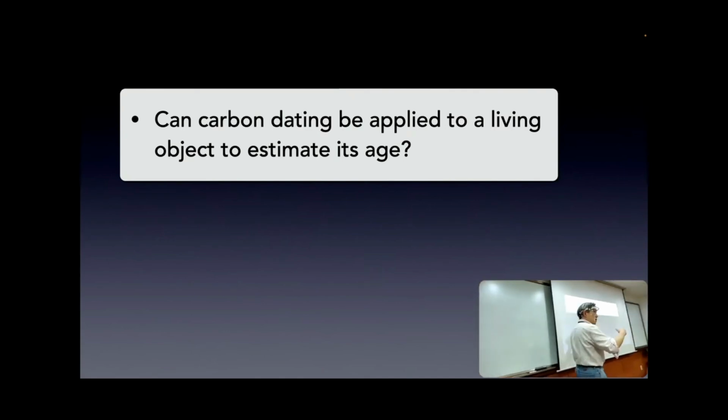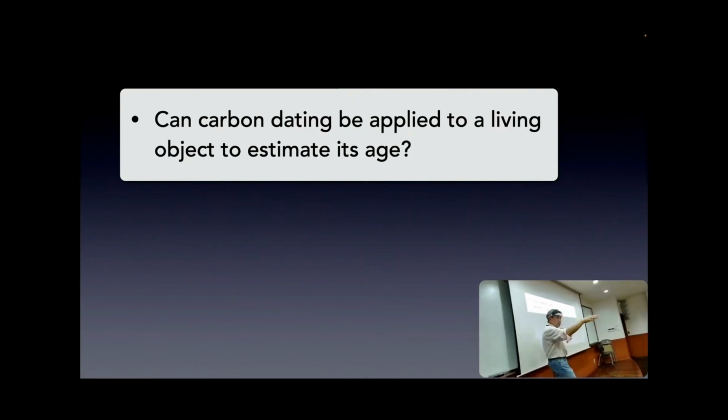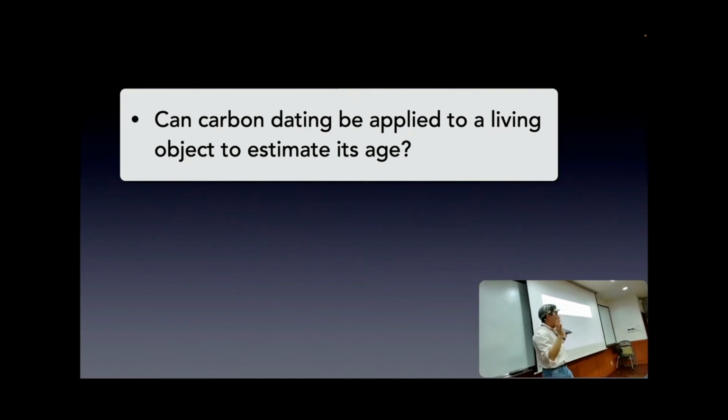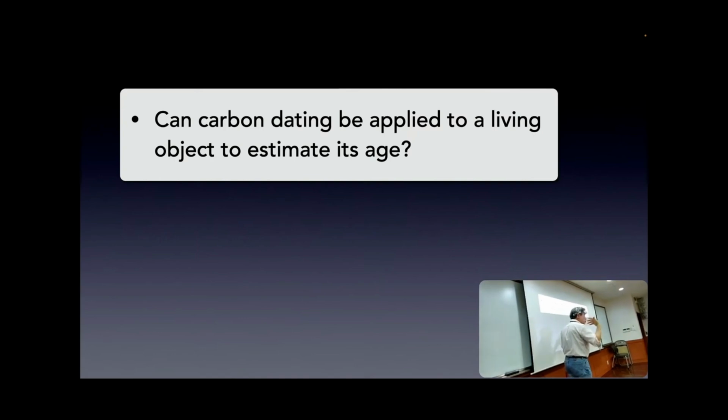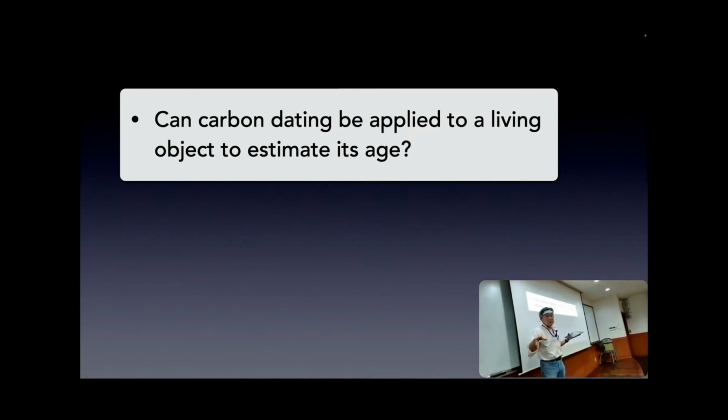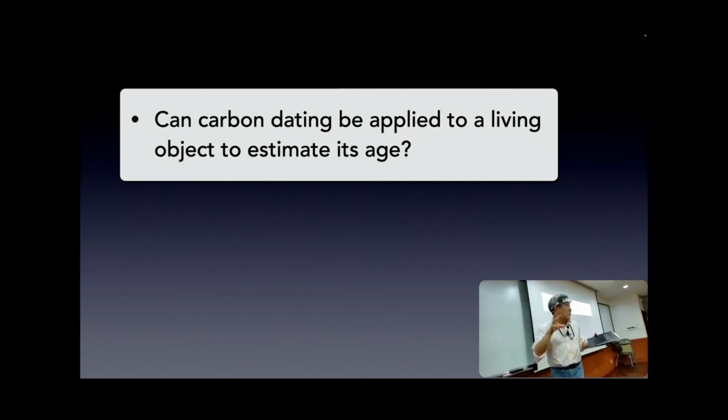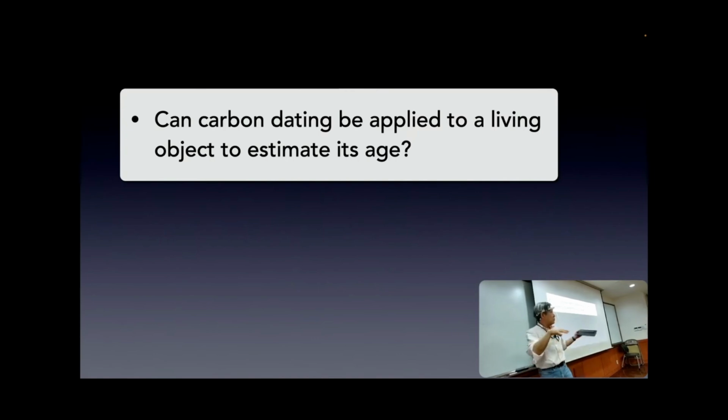Can you apply carbon dating to living people or any living creature? Because it seems like we only use carbon dating on discovered fossils and some old, dead material, for example. But why not?